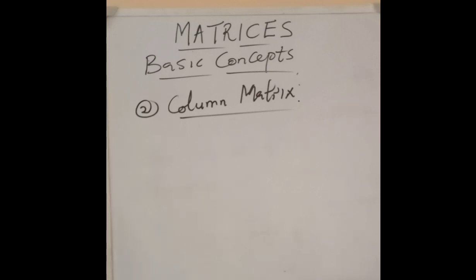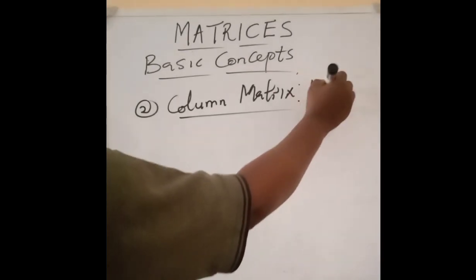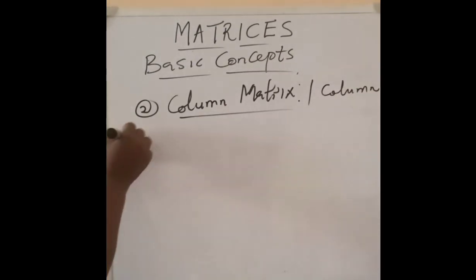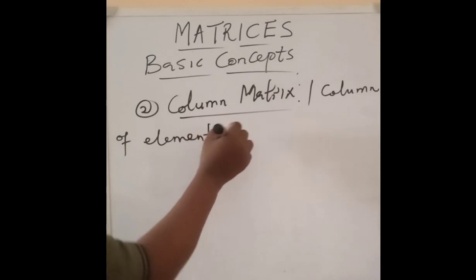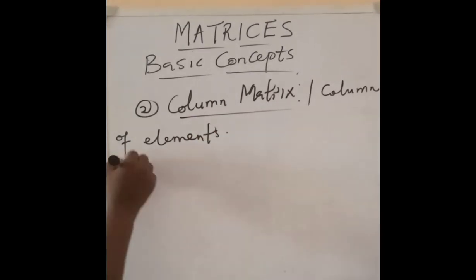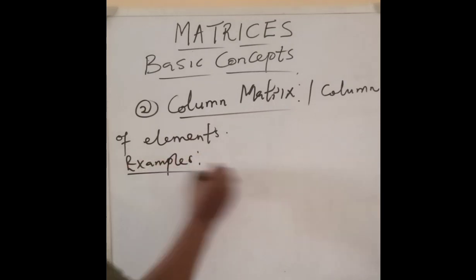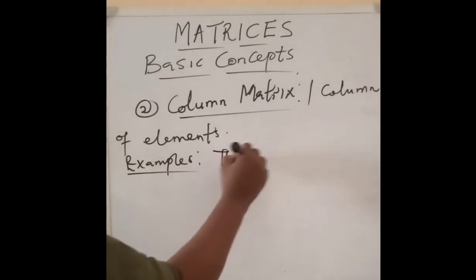When we talk about elements, we are talking about those numbers that are enclosed within the brackets. A column matrix has only one column of elements. It can also be more than one column. We are going to look at an example together.